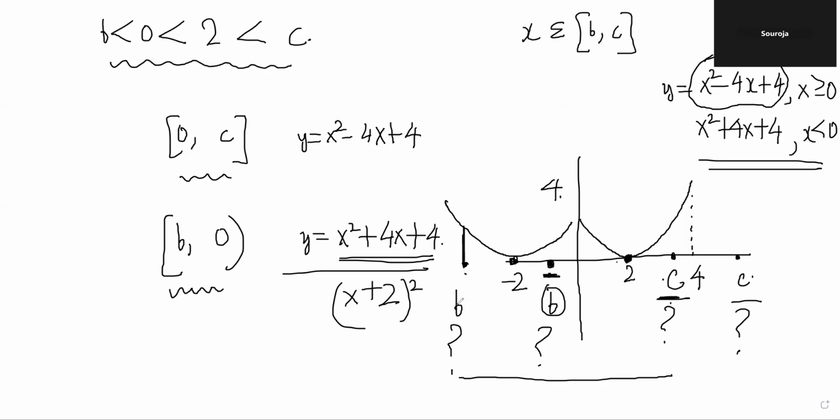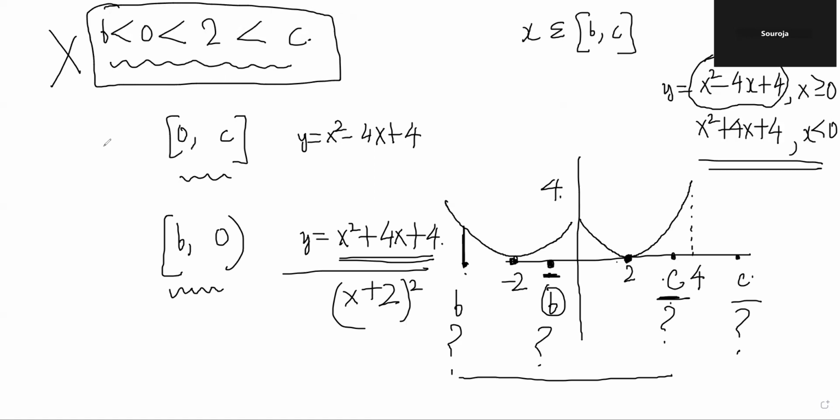Do you understand that nothing will work here? This case doesn't give us any solutions because the minimum value is always going to be 0, but according to the question, minimum value is supposed to be B. Do you realize that there is a contradiction? So we have eliminated any possibility of this happening.